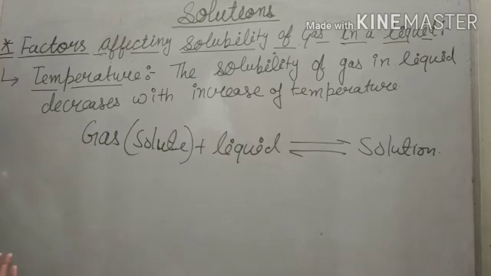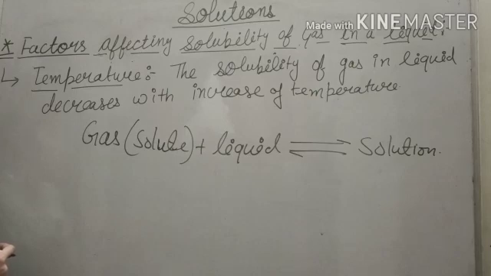And according to the Le Chatelier principle, when the temperature increases, the equilibrium shifts toward the backward side, so that it can nullify the change produced due to the increase of temperature and again attain equilibrium during the chemical reaction.